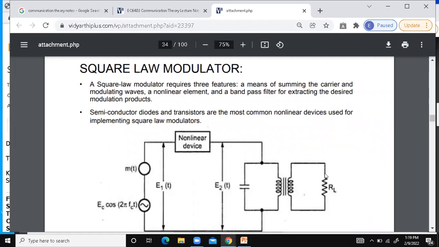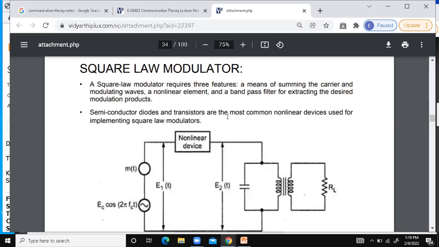So again, a square law modulator requires three features: the means of summing the carrier and the modulating waves, a nonlinear element, and a bandpass filter for extracting the desired modulation product.